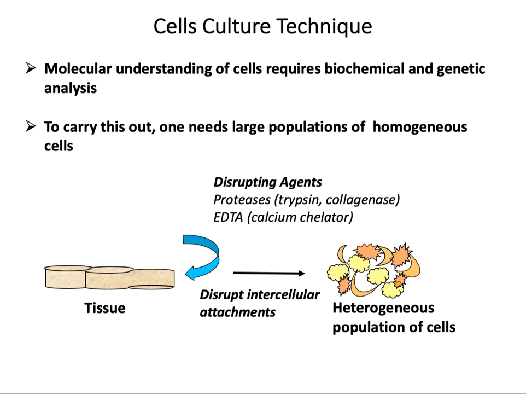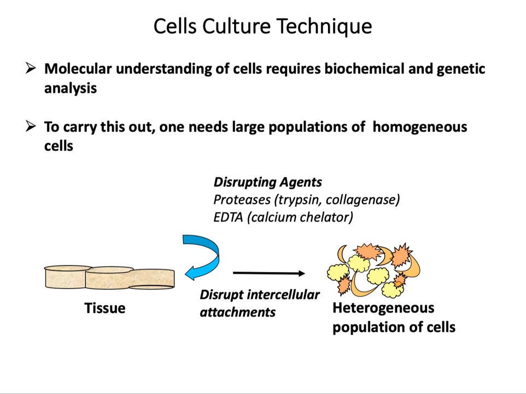The first step for isolating cells from a tissue is to disrupt the intercellular interactions that hold the cells together in the tissue. There are several commercial disruptive agents, but there are two broad classes of disruption agents, and you will probably need to use both. You usually treat the tissues with a protease such as a collagenase or trypsin that will hydrolyze or cleave the protein-to-protein interactions between the cells and between the cells and the extracellular matrix.